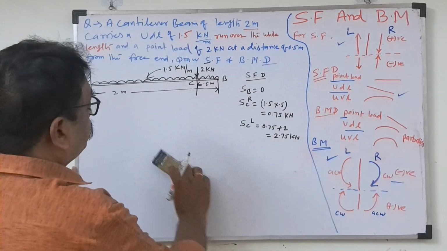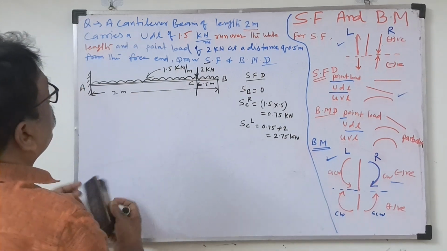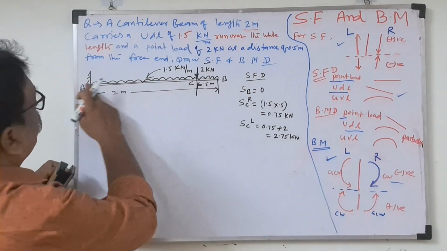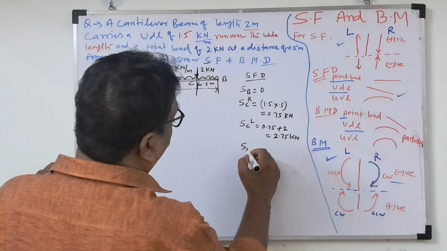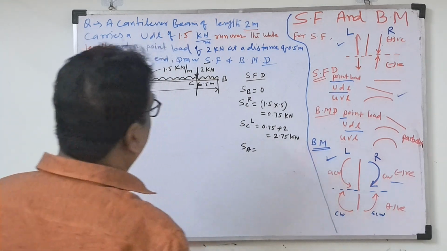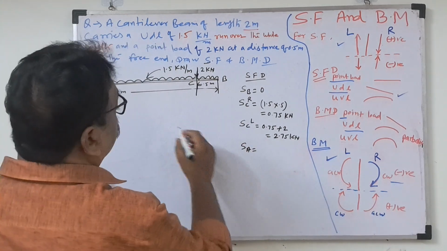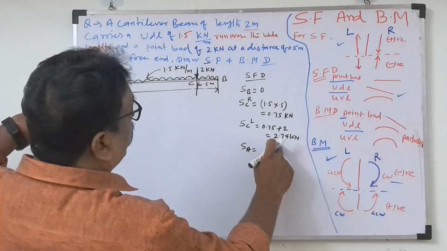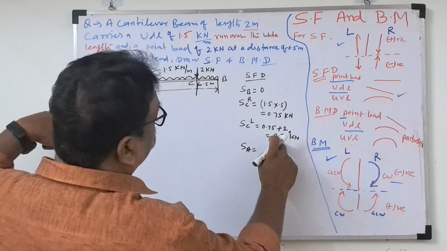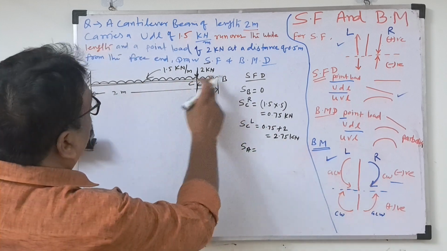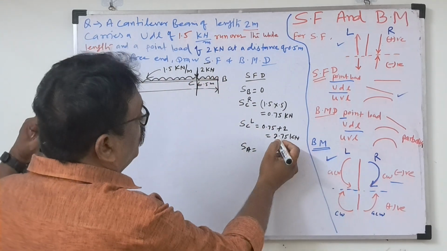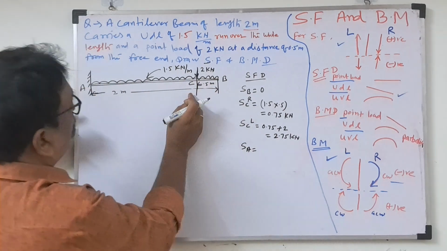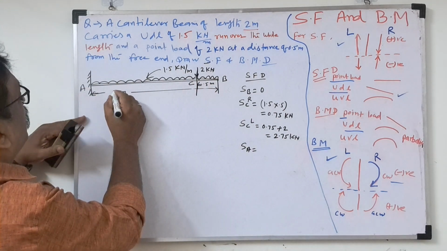Okay, now is there any other point? No, so we go directly to SA. What is SA here? Either you take it from the previous value, or you calculate the load directly. If we take 2.75 up to there, then we have to calculate again, which is a little complicated.